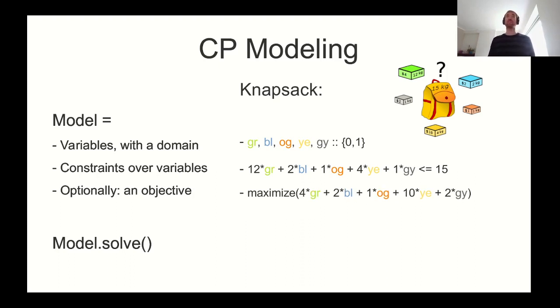The objective is somewhat similar: to maximize the sum of the value of those items that we take. It's 4 if we take the green one, 2 if we take the blue one, and so forth. Then this can be solved and you will find a solution.